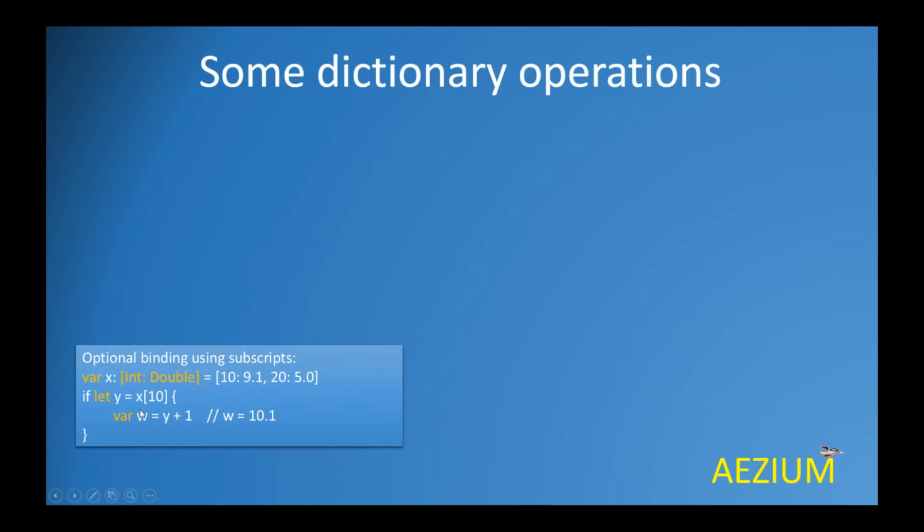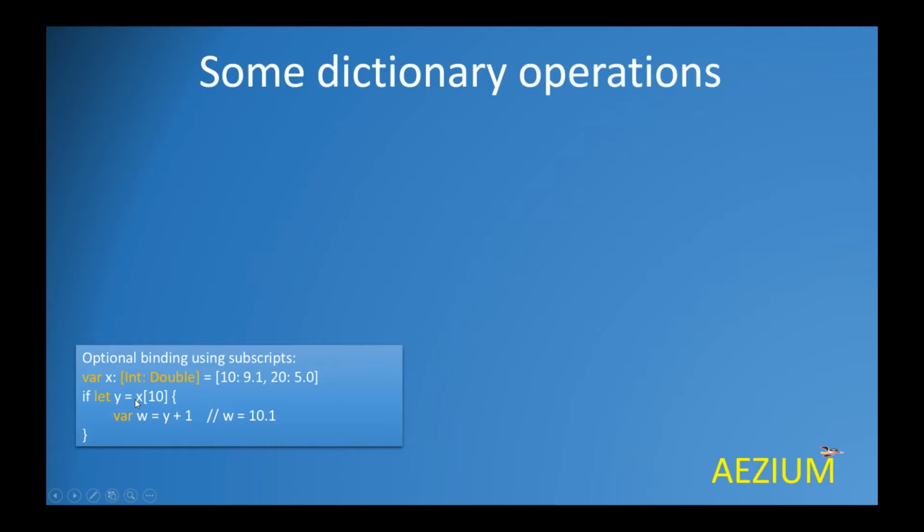So in this example, I'm dealing with a variable of type dictionary of Int Double, and then using the optional binding arrangement in an if statement. We say if let y is equal to x[10], do something here.